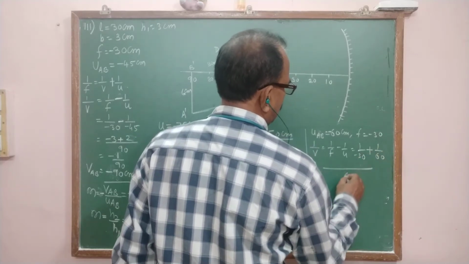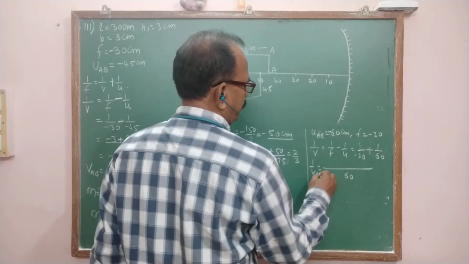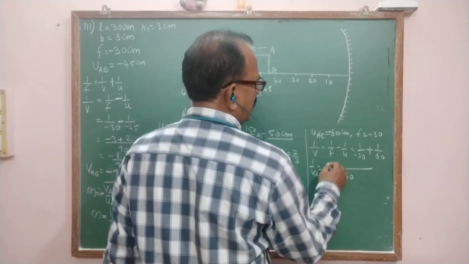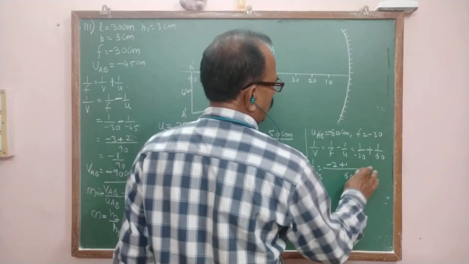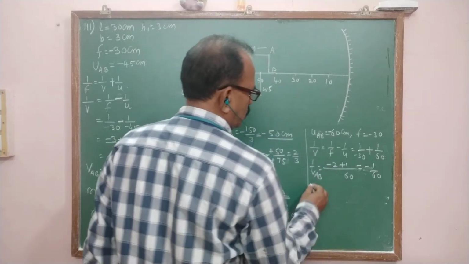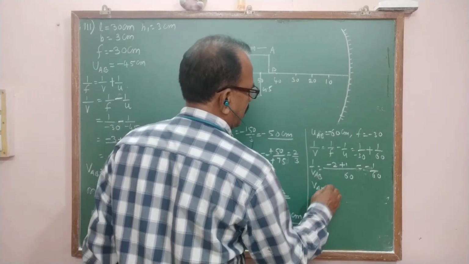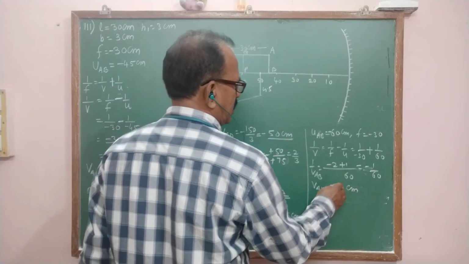You can take it as 60. So it will be minus 2 times plus 1, so it will be equal to minus 1 by 60. So V is at 60 centimeter with minus sign.